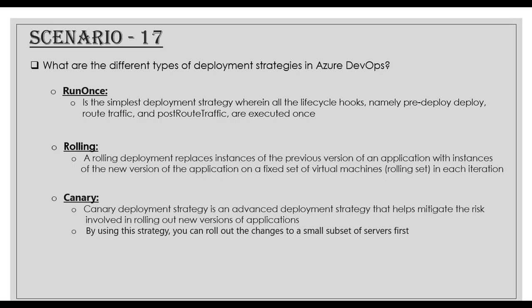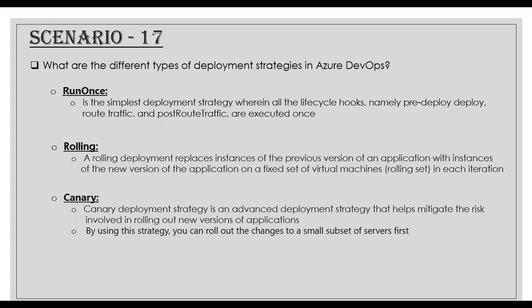And the third and not the least is the canary one. Canary deployment strategy is an advanced deployment strategy that helps mitigate the risk involved in rolling out a new version of your application. By using this strategy, you can roll out changes to a small set of servers first. Suppose you have a group of 10 servers, and you want to deploy your changes on 2 of the VMs first, and eventually go on to the rest.